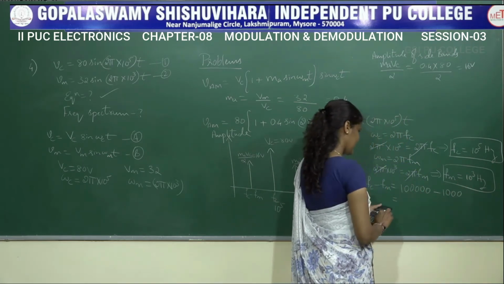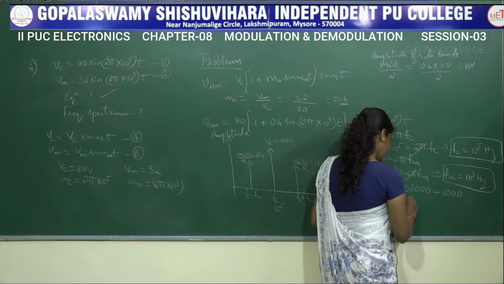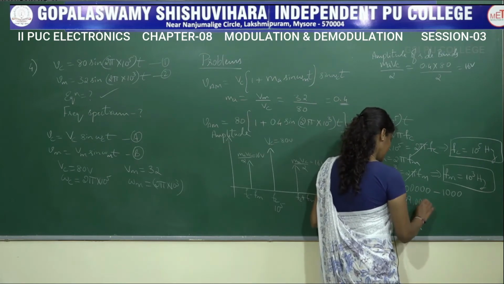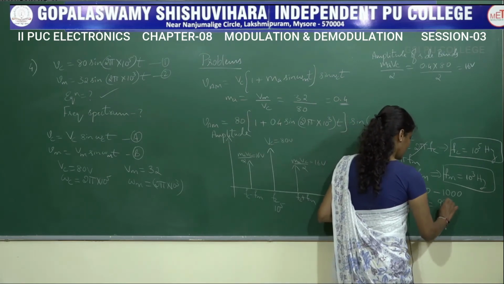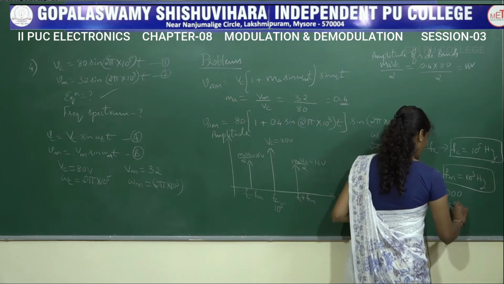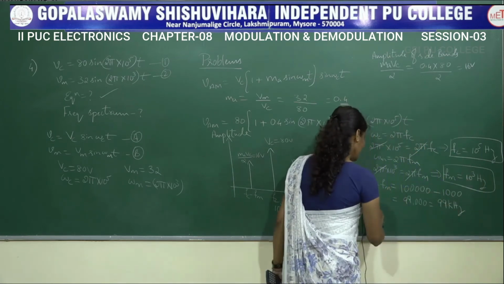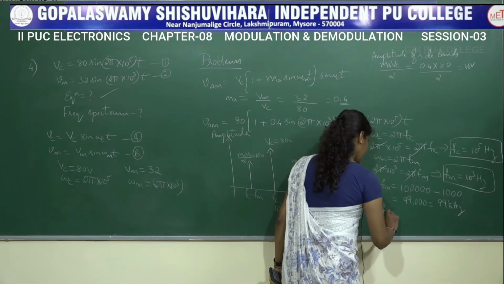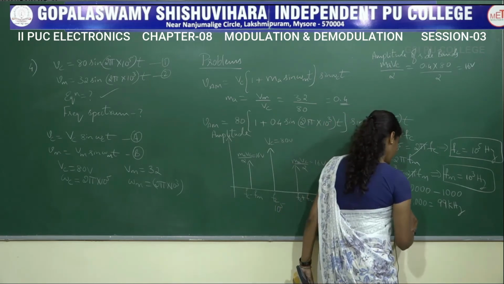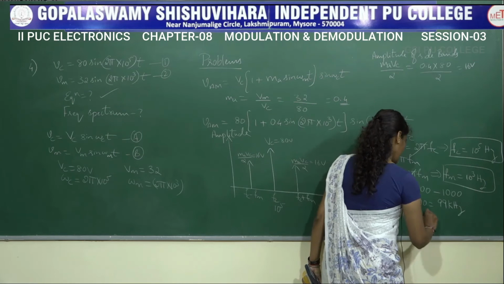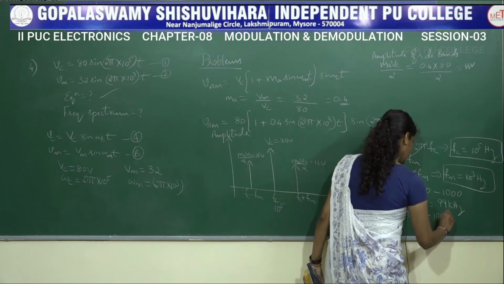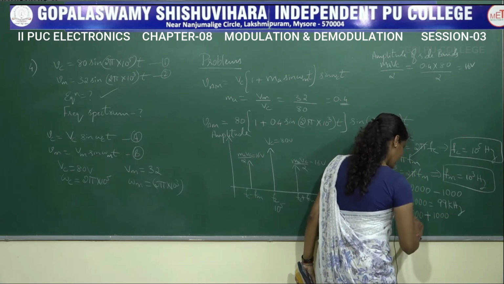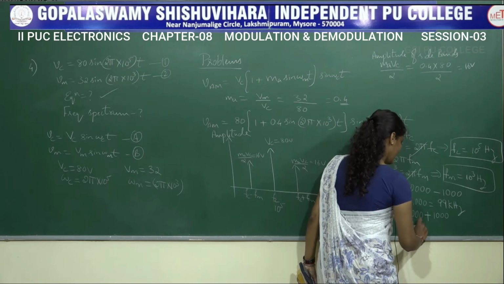Now subtracting, I get 99,000, which equals 99 kilohertz. Similarly fc plus fm is 100,000 plus 1000, which equals 101 kilohertz.